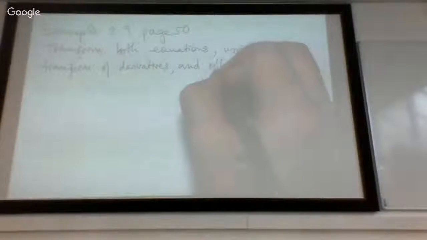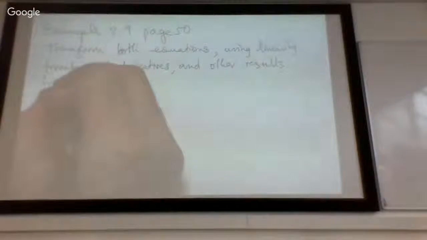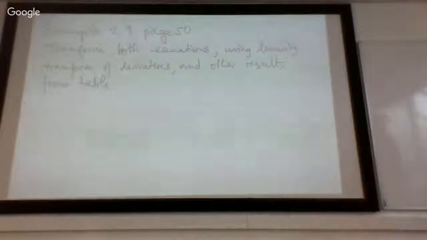And other results from the table. Those other results will be the transforms of any standard functions we see appearing in these equations. These equations aren't too complicated, so there won't be too much of that.